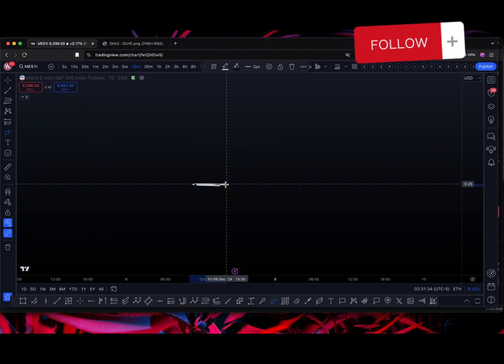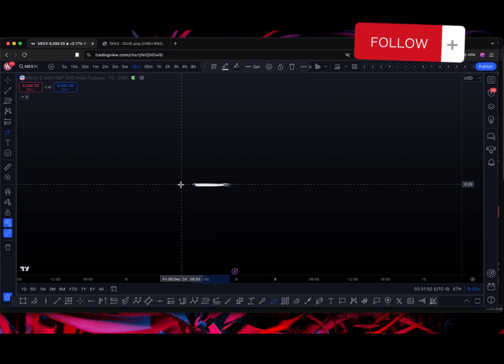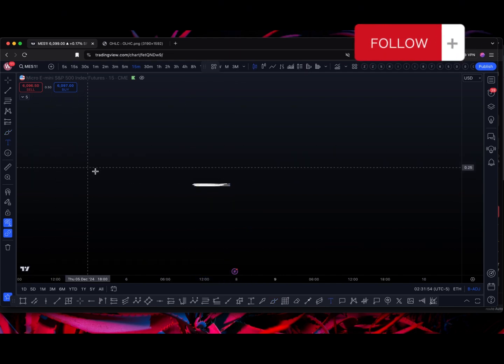It depends on what time frame you're looking at. It's going to start at the beginning and open at a price level. If it's bullish, which is open, low, high, close, it's going to open somewhere around here.